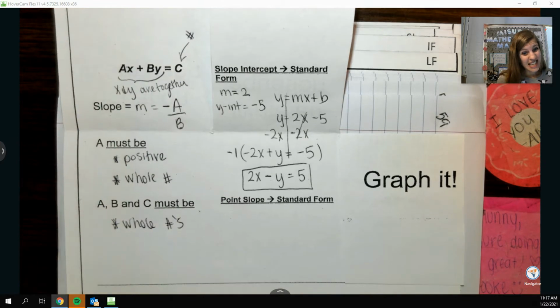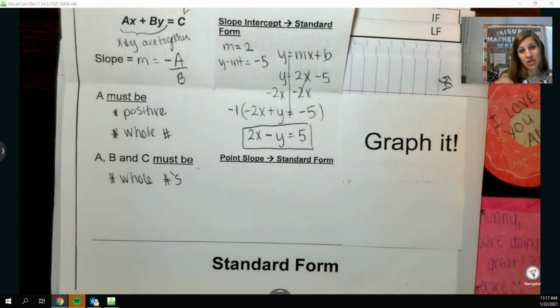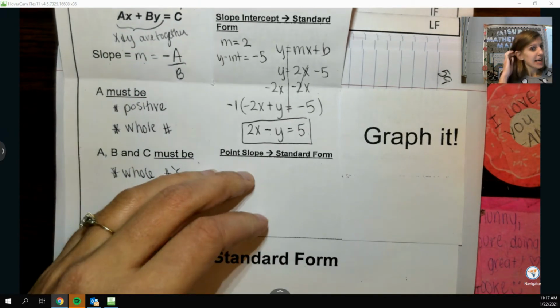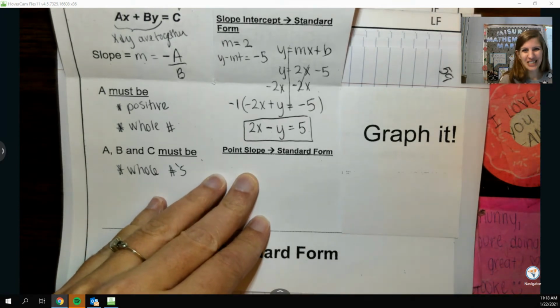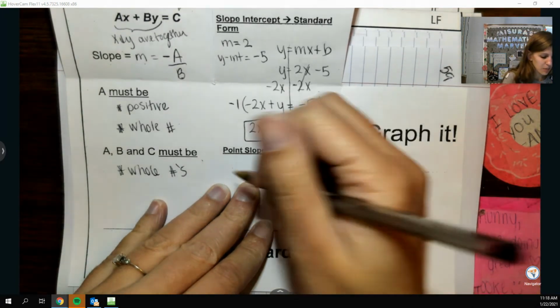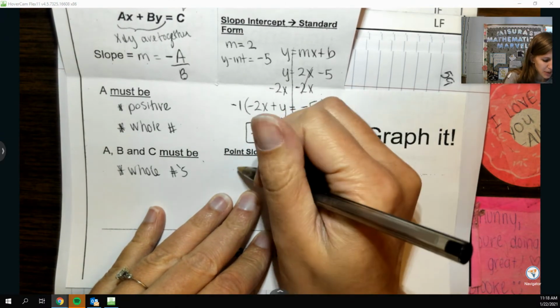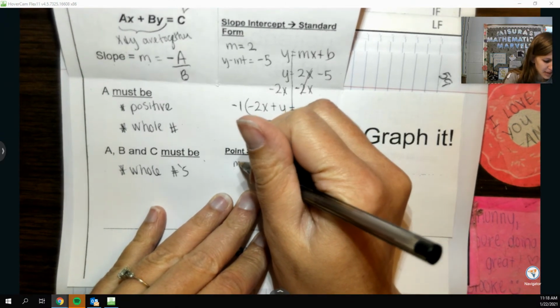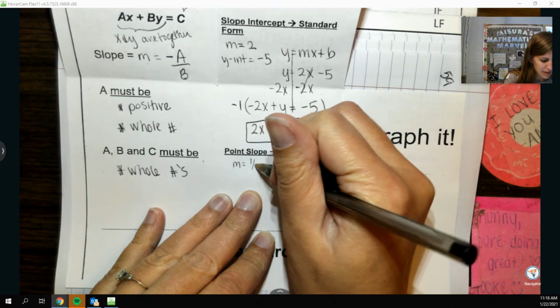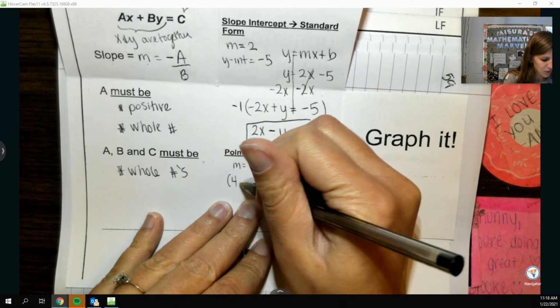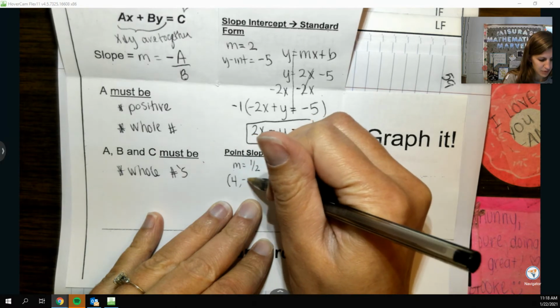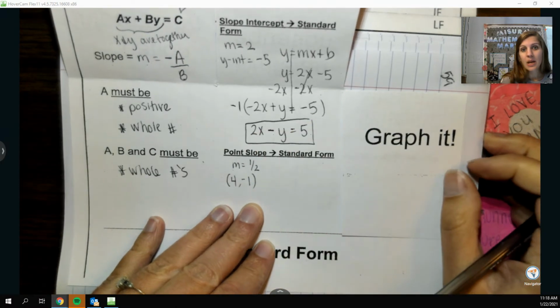Now, it's even trickier, or not trickier, but I guess maybe more work, if I have to put it in point-slope form first and then change it to standard form. So I'm going to put something in point-slope form if they tell me the slope, so maybe 1/2, and then they give me a point, like (4, -1). Okay.